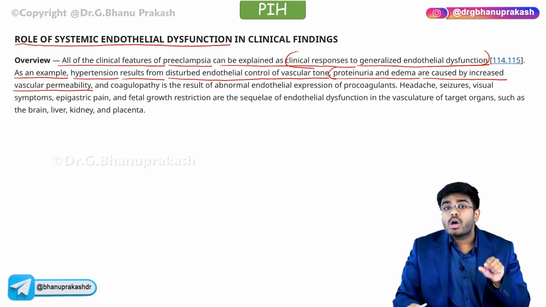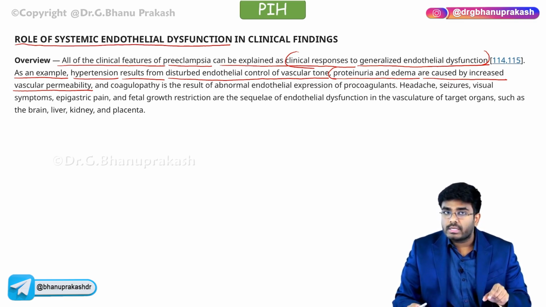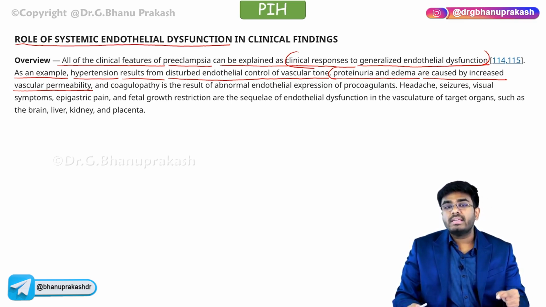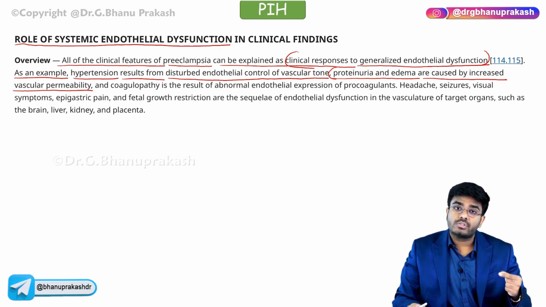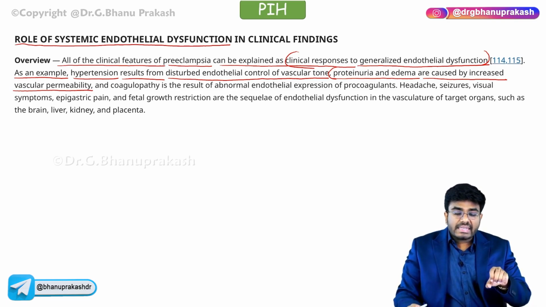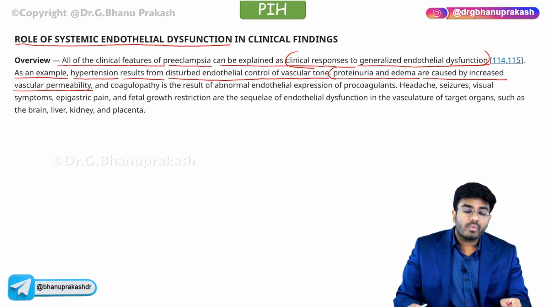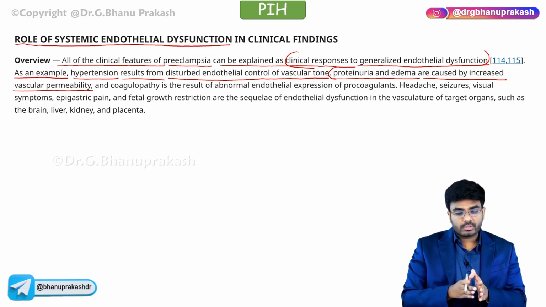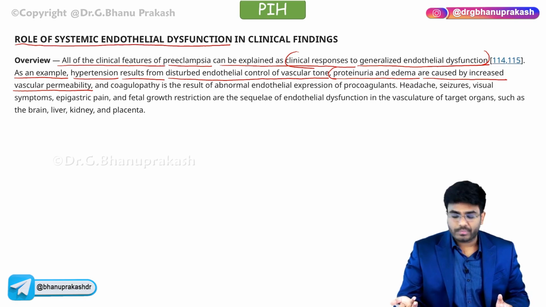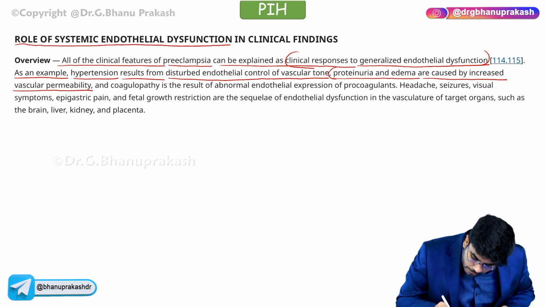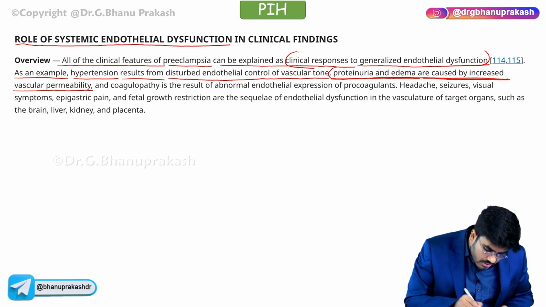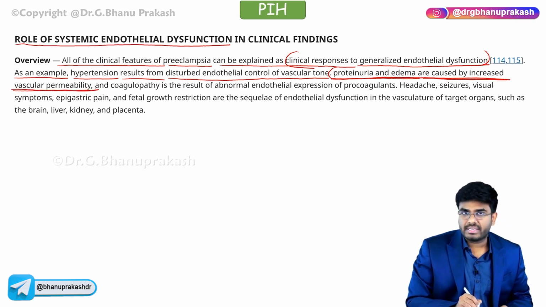There will be loss of proteins in the urine. So the mother is losing her proteins in the urine, that leads to proteinuria. Because of the increased vascular permeability, there is a leakage of proteins and plasma into the third space, that causes edema. So again I am repeating, proteinuria and edema are mainly because of increased vascular permeability.